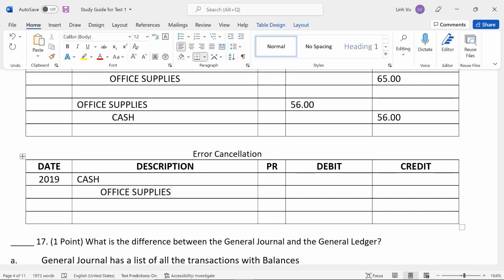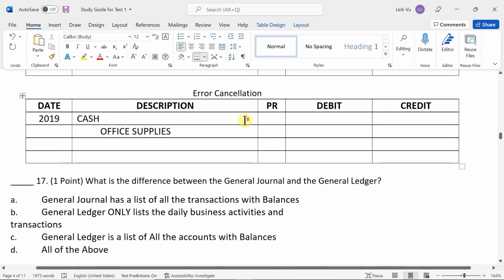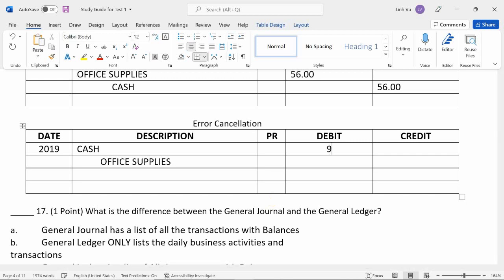Good. In this case, we originally journalized that we spent too much money. Instead, we need to put back that money. So I am going to be debiting my cash because I should actually be getting cash back, and I'm going to be having less office supplies. Now, what do I put in my debits and credits? $9, because that's the difference. Good. So in this case, we recognize what the difference is. The difference is $9.